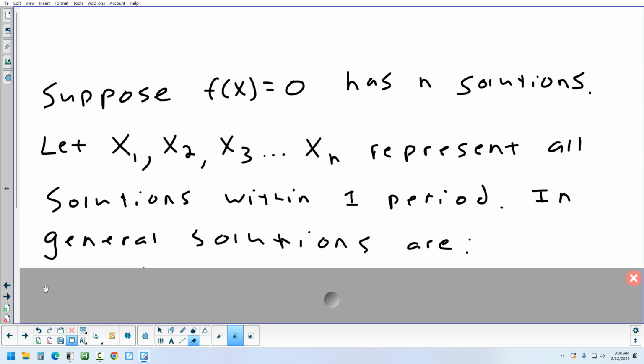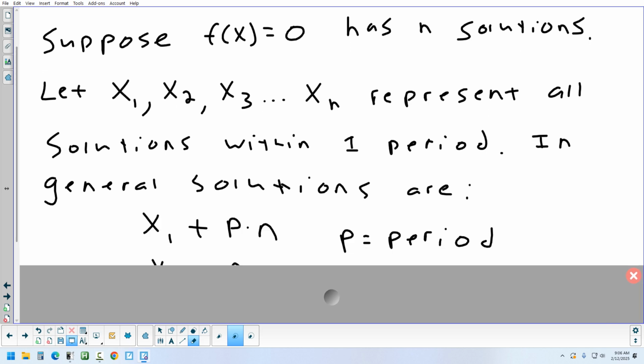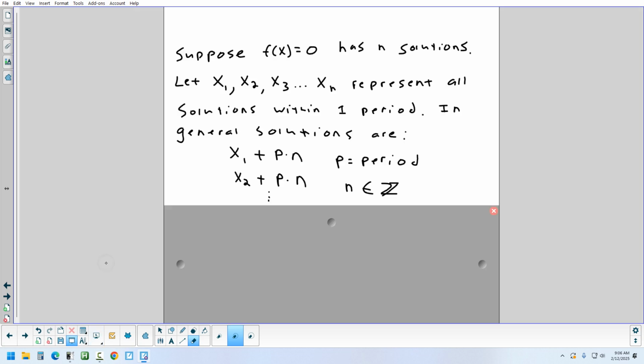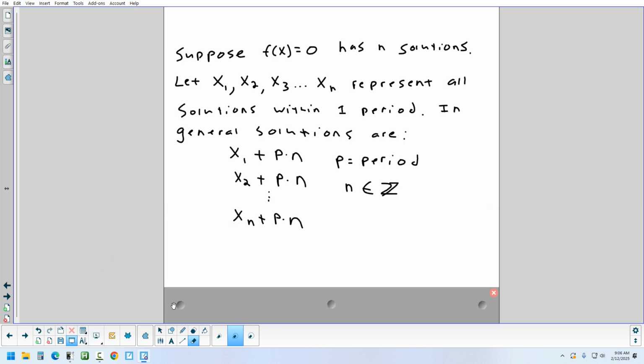So if there's 5 of them, you got to do intersect 5 times on the calculator. Once you find all the solutions in one cycle, and just kind of reminding how we do it, you put each one of those solutions down, just like we did there, and then for each one of them, put plus the period times n.